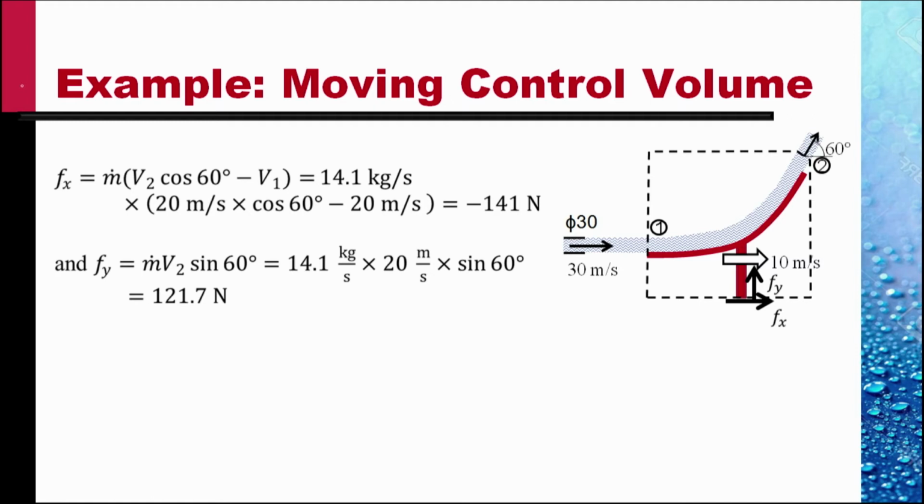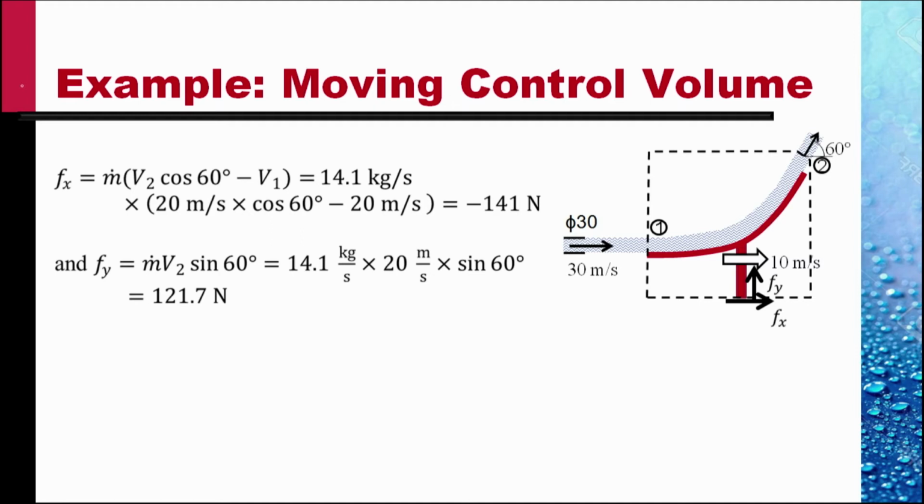This is the force we need to apply to hold the vane moving at a speed of 10 meters per second, that is, to prevent any acceleration of this vane. So effectively the water jet is applying a force towards the right, and to overcome this, we have to apply a negative force, minus 141 Newton.